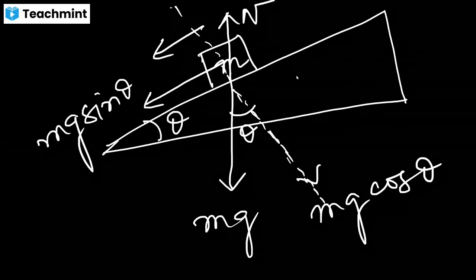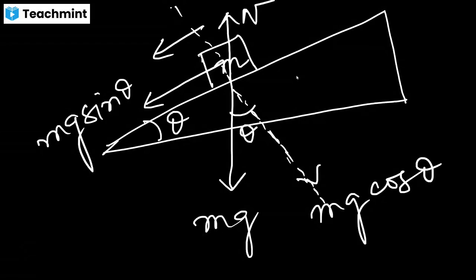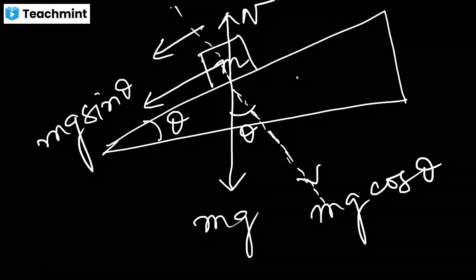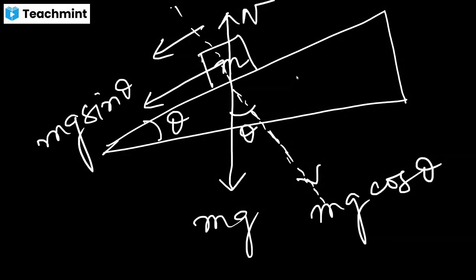But if the object is placed on an inclined plane, and with respect to its position I draw a perpendicular dotted line, then with respect to that line, the weight is working at an angle of theta. So as we can see, the weight is acting like the hypotenuse of a right angle triangle.